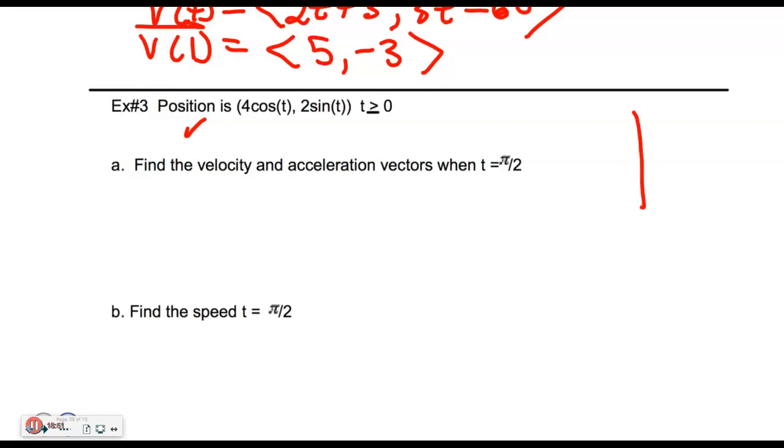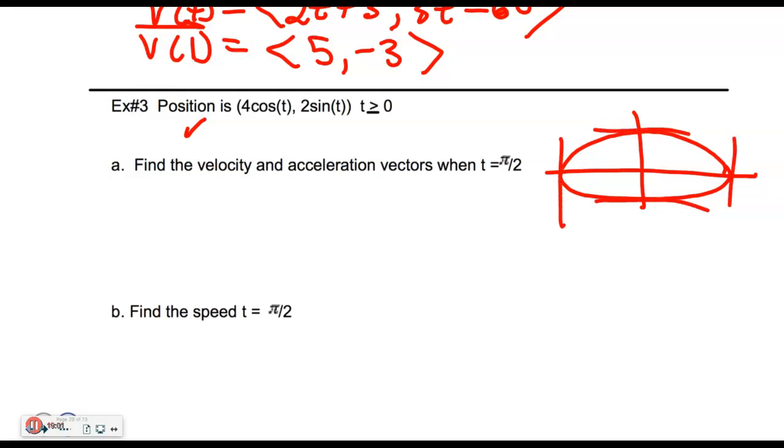So if you understand the graphing, even though a lot of calc teachers skip it because it's pre-calc, you know there's horizontal tangent lines right here and right here. And there's vertical ones right here and right here. And you can skip a lot of the calculus just because you know what it looks like. This one says find the velocity and the acceleration at pi halves. So let's go do that. So velocity and acceleration vectors. Those are functions.